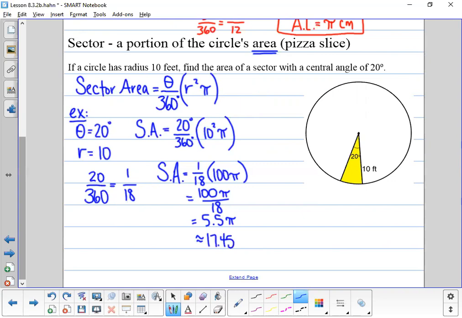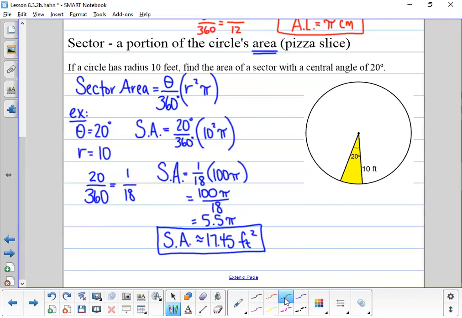My units were feet, and since I'm talking about area, it would be feet squared. So my sector area is 17.45 feet squared.